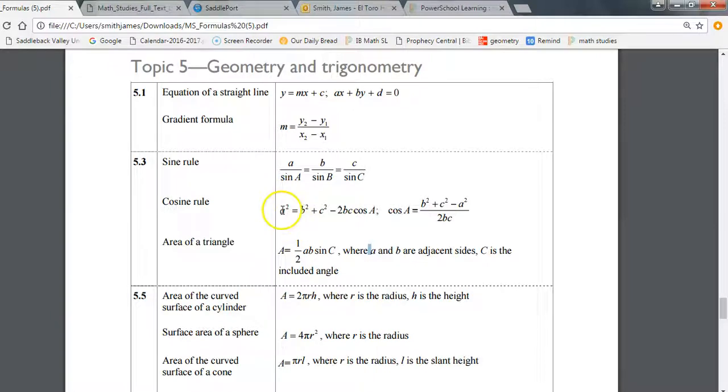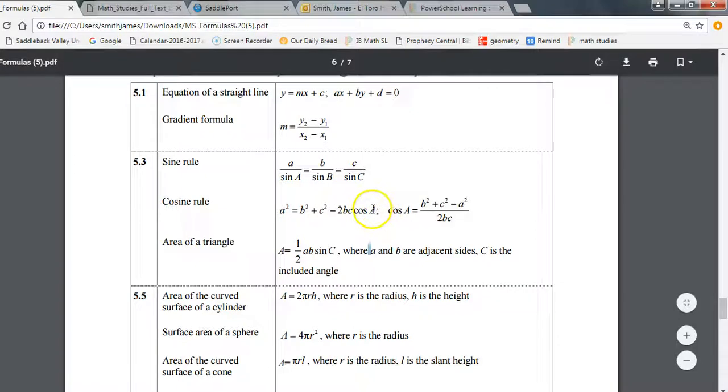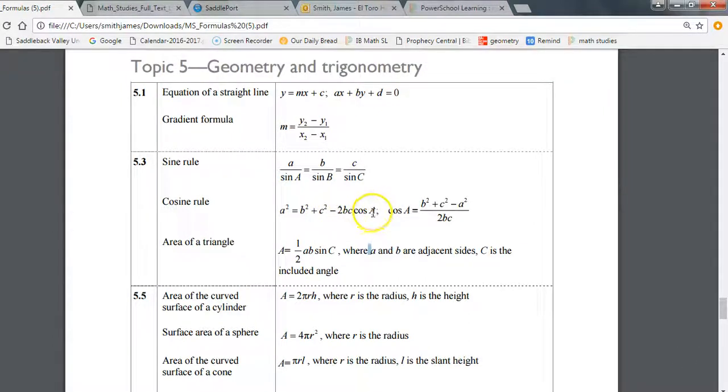So there's a connection between this side length and this angle. That's really important. That would make B and C simply the other two sides that form this angle. They're next to it, not across from it. So this side is across from this angle, and these are simply the other two sides in the triangle.